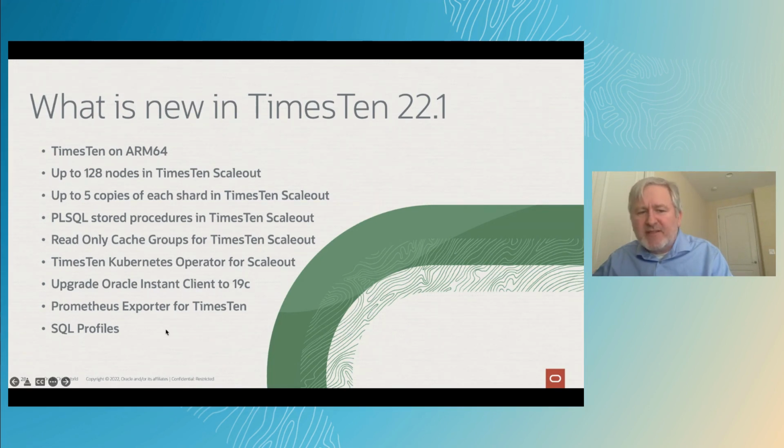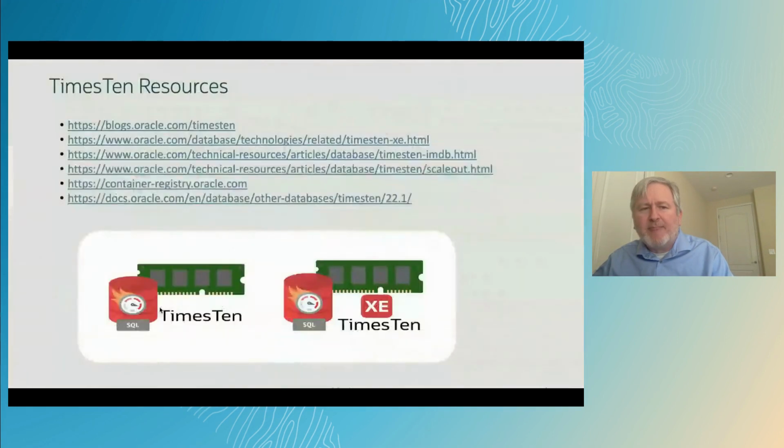There are a bunch of other features, just more goodness, incremental improvements on what we already have. So we've talked about TimesTen as a SQL data cache to speed up your enterprise applications by using read or write caching, either in TimesTen or TimesTen-exe.